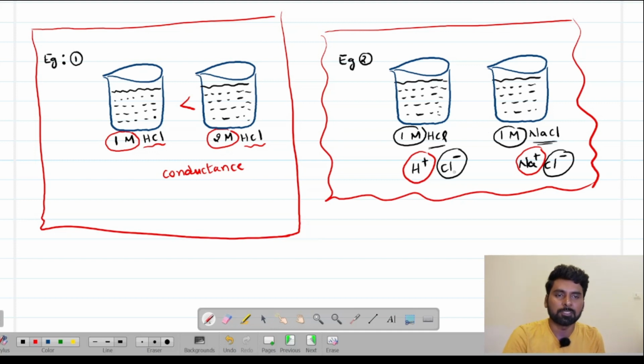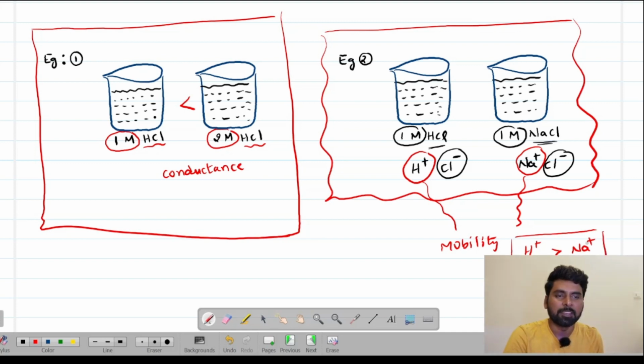The conductance of these two solutions is decided by the mobility of these two ions, that means the speed of these two ions. Which one has more speed out of these two? H plus. Its mobility is greater than Na plus. Very important thing. What is the reason for that?